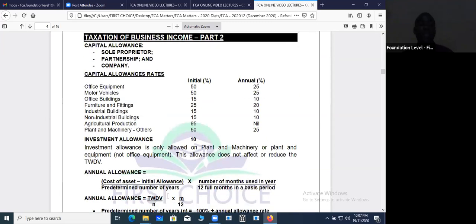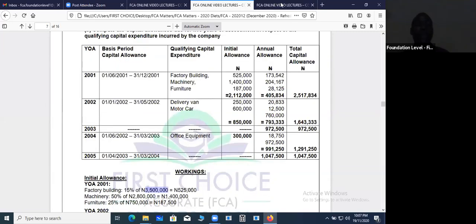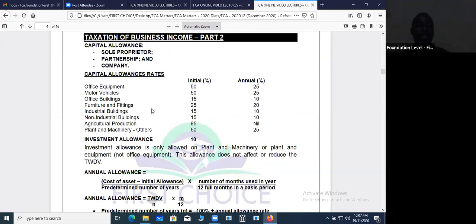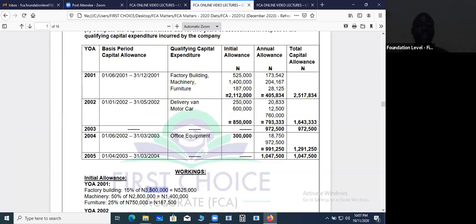Okay. Now, factory building, the initial allowance rate is what? We look for industrial building. Industrial building is factory building. Initial allowance is how much? It is 15%. So that's what we did here. We look for 15% of the building, and it gives us 525,000.